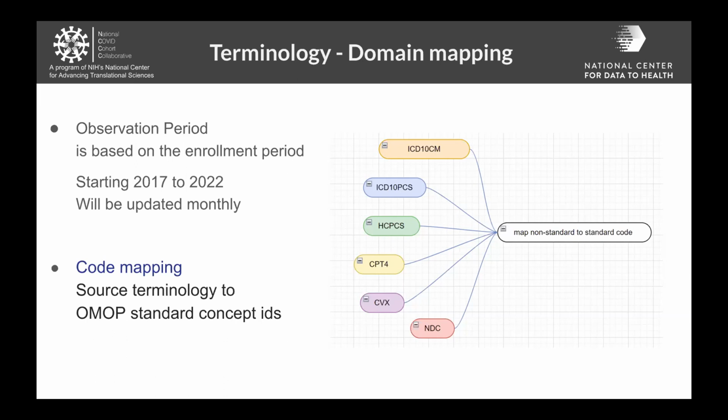These codes are considered non-standard codes from the OMOP point of view, and they get all mapped to the associated SNOMED code concepts using the OMOP relationship table. The observation period is based on the enrollment that exists in the data. It is possible for a person to have partial enrollment months for a given year. So that will be reflected in the data as well. Next slide, please.